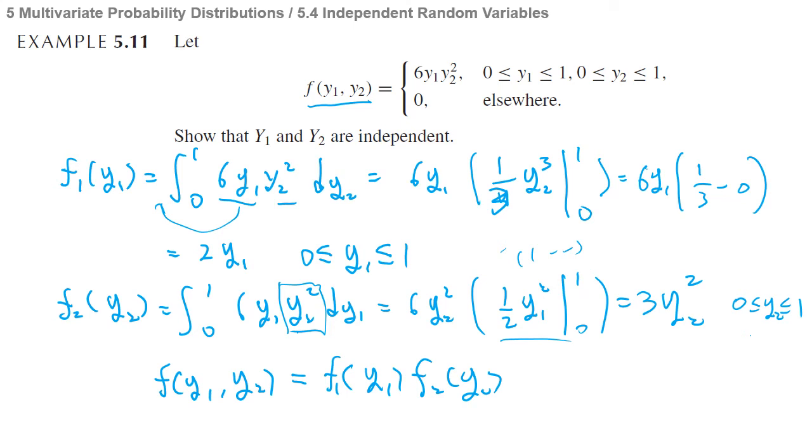And actually, yes, this is true. 2y1 times 3y2 squared is 6y1 y2 squared, and the domain is also the same. And so we can say that y1 and y2 are independent. And for independence, we can also write it this way.